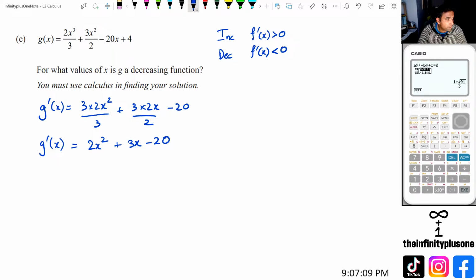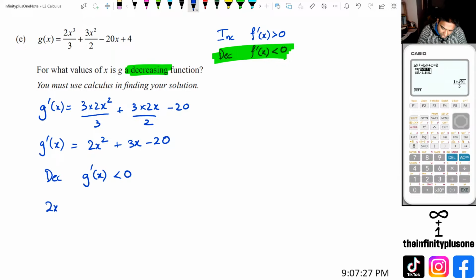Is this what we've got? Now here's the trick, Jules, that you wanted to know. Because we're doing a decreasing function, you just have to write a statement. Decreasing means g dash of x is less than 0. So you just go 2x squared plus 3x minus 20 is less than 0.